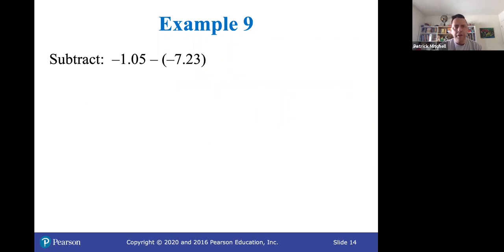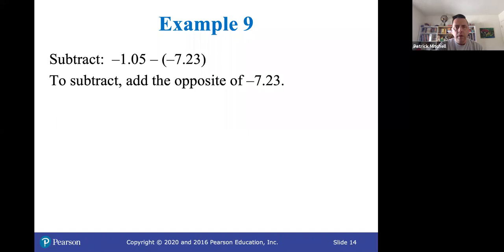All right, here's another one where you could pause the video and try this one. It's kind of similar to that last one. We're going to change that to add the opposite. So instead of subtracting -7 and 23 hundredths, I'm going to add +7 and 23 hundredths. So now I'm adding a negative and a positive.